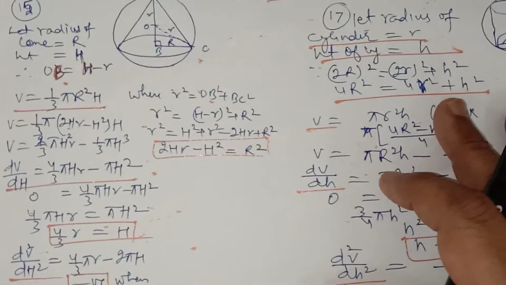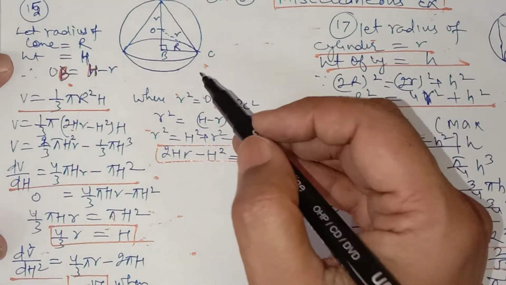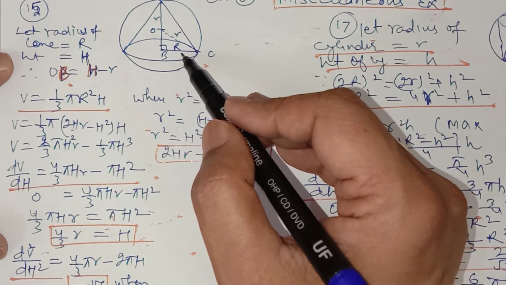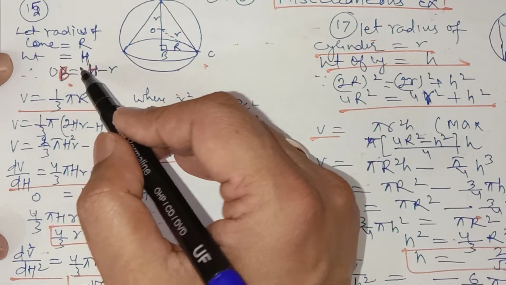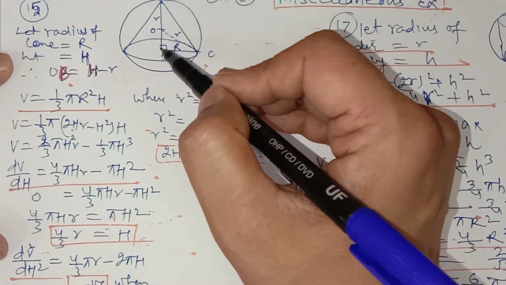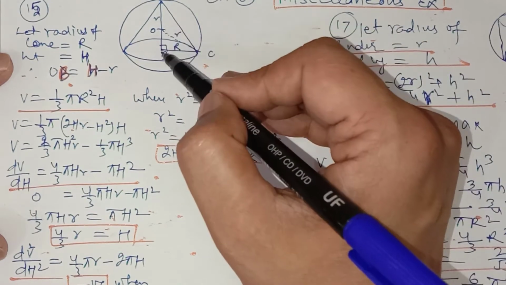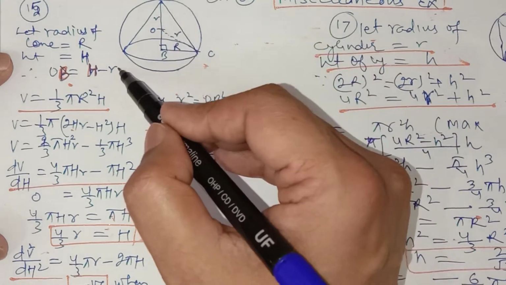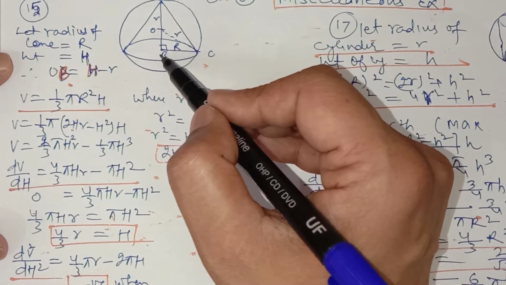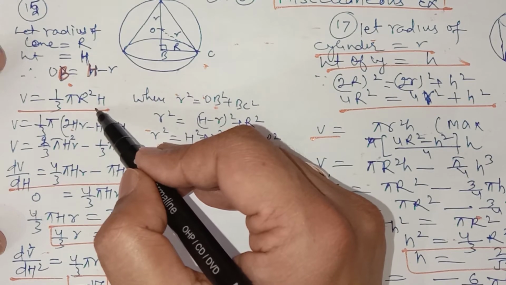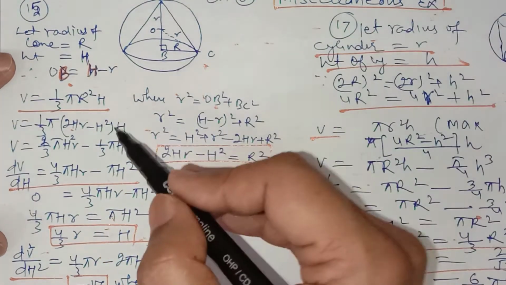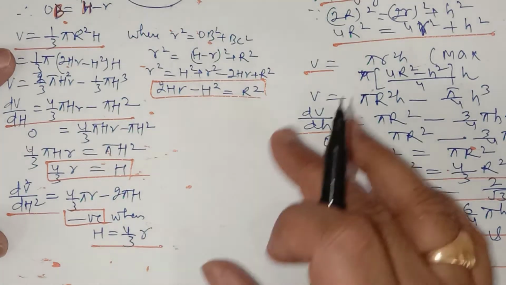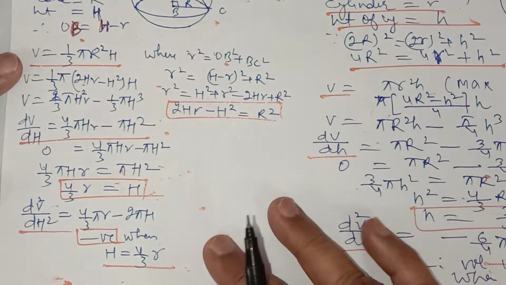We let the radius of the cone be capital R and the height of the cone be capital H, so AB is equal to H. So OB will be equal to AB minus OA, where AB is H and OA is r. This is OB. Now you have to show that the volume of the cone is maximum when the height of the cone is 4 upon 3 the radius of the sphere.